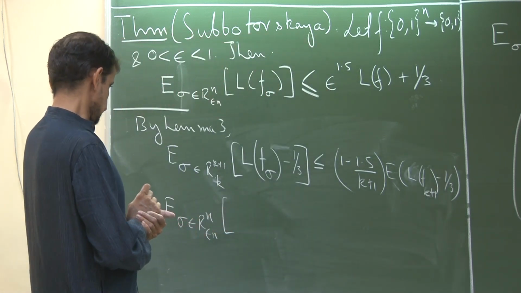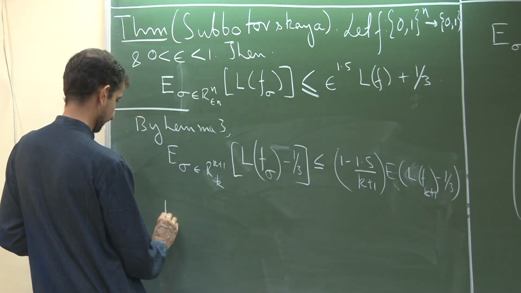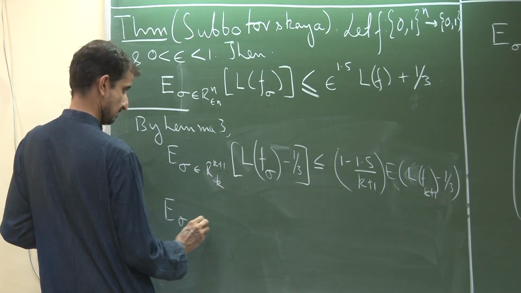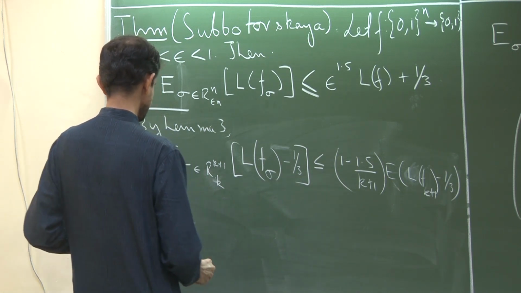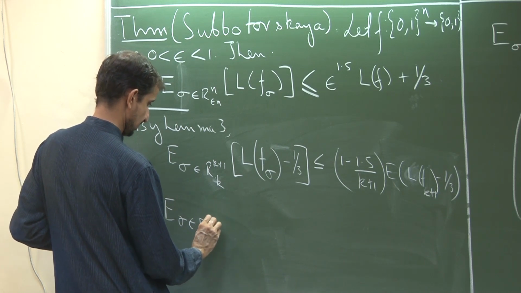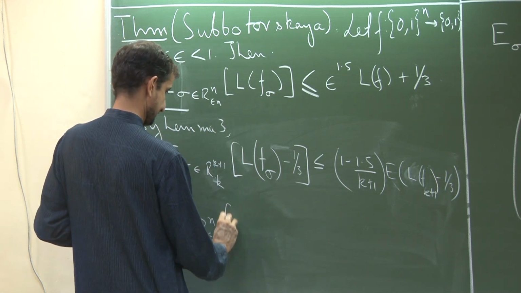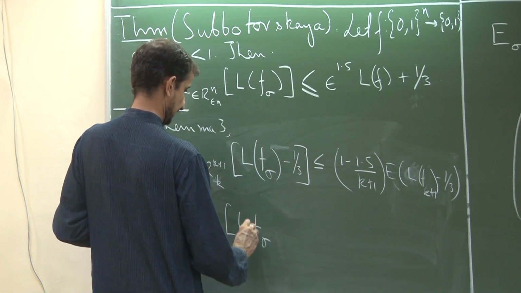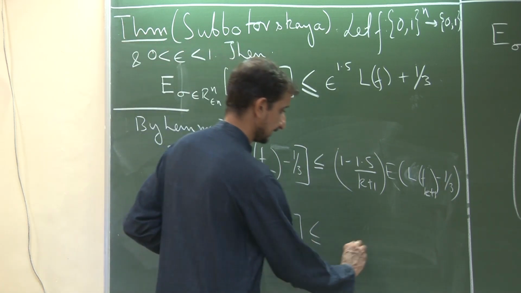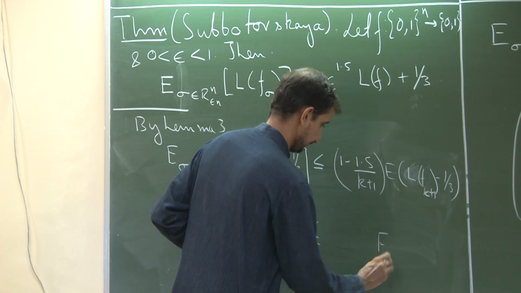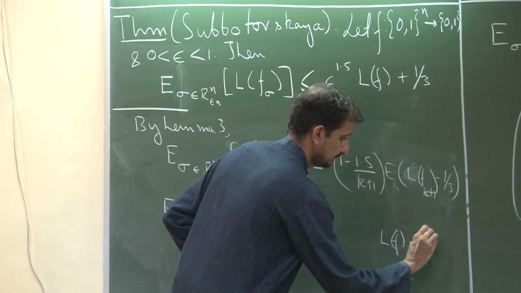Sigma r n epsilon n, L f sigma minus 1/3 will be how much times the value of L of f minus 1/3.